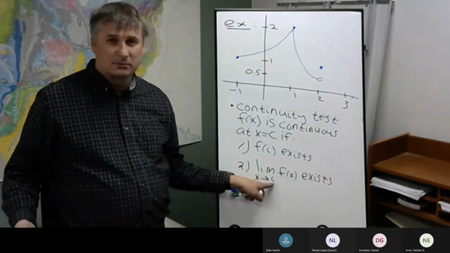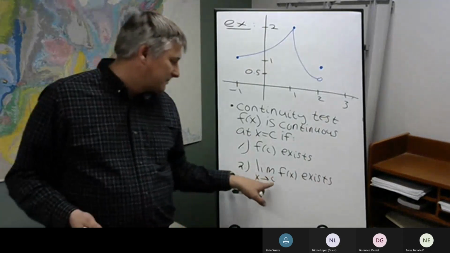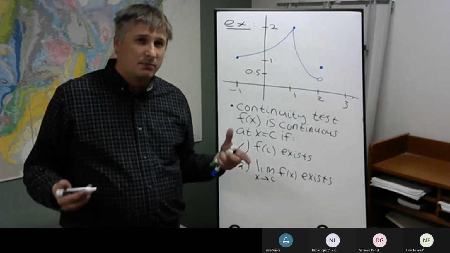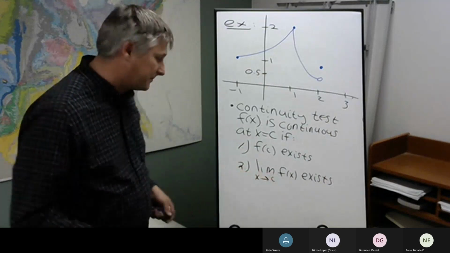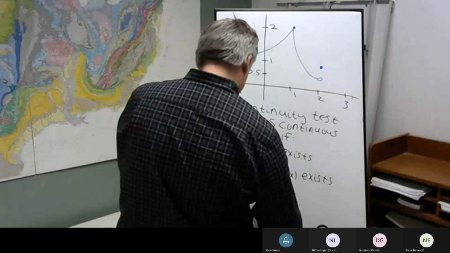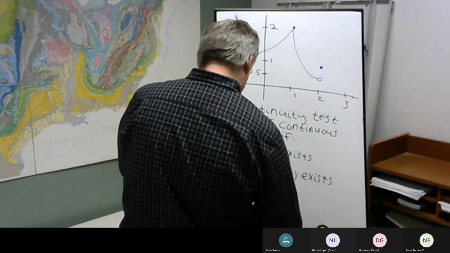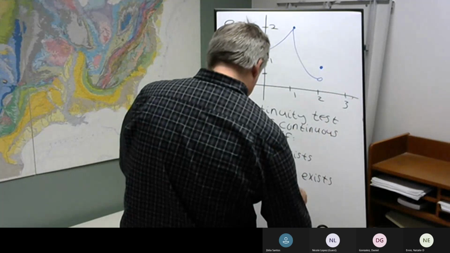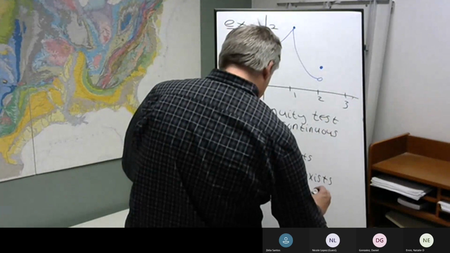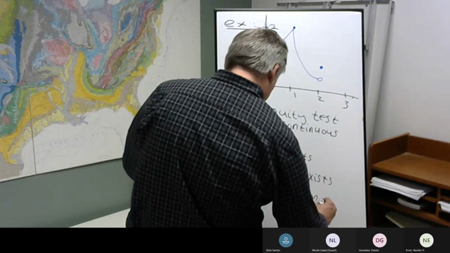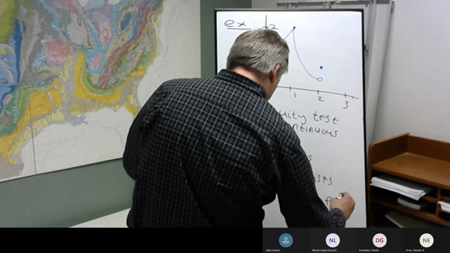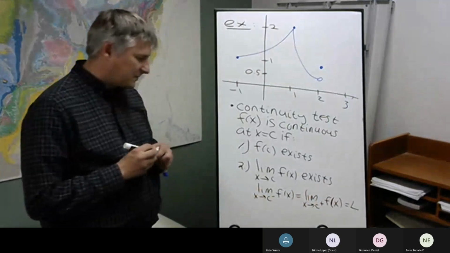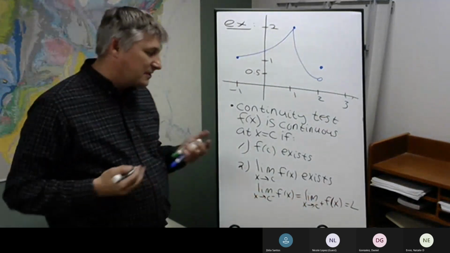Not just from the left or from the right. So that means for this to exist, the left side limit and the right side limit both exist and they equal each other. So the left side and right side limits exist and they equal each other.